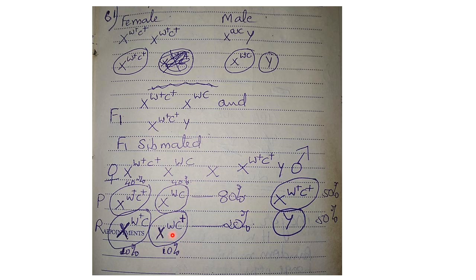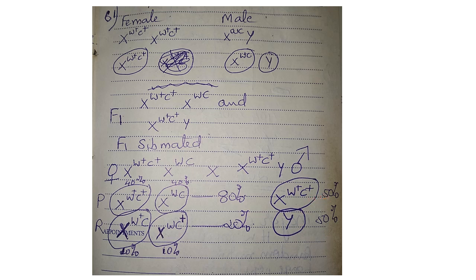So the recombinants will be 20%, that is, this gamete will be 10% and this gamete will be 10%. The rest, the parentals, will be 100 minus 20, that is 80%. So 40% will be this gamete and 40% will be this gamete. Now the male will produce only two types of gametes, so 50%, 50%.